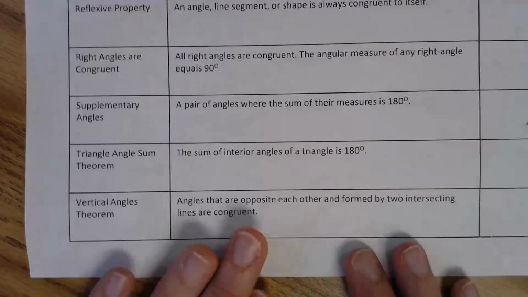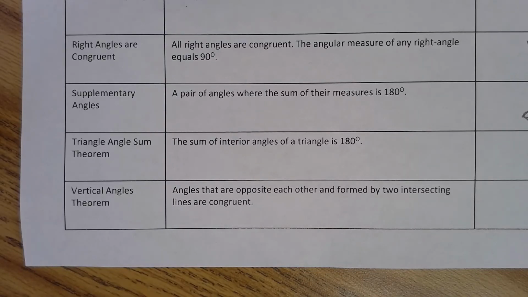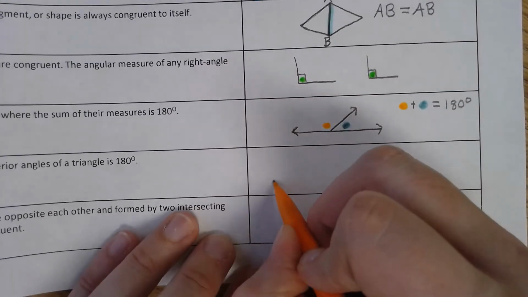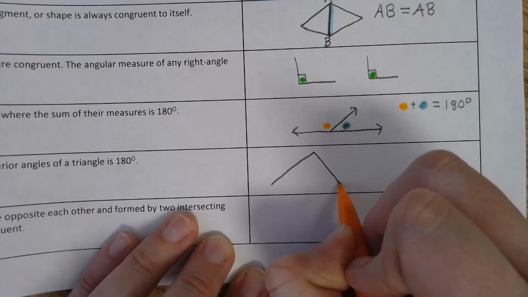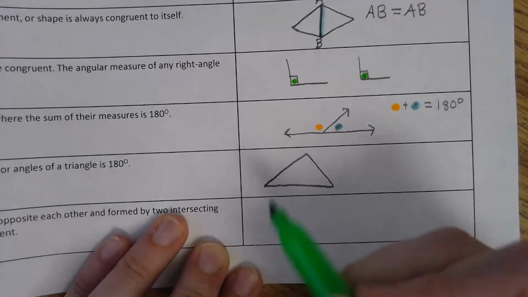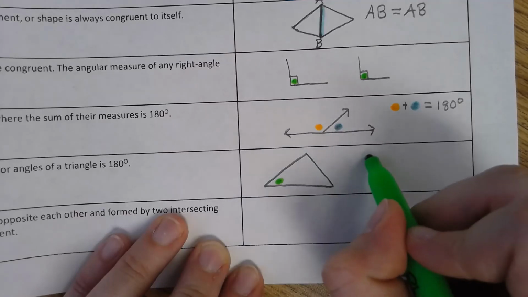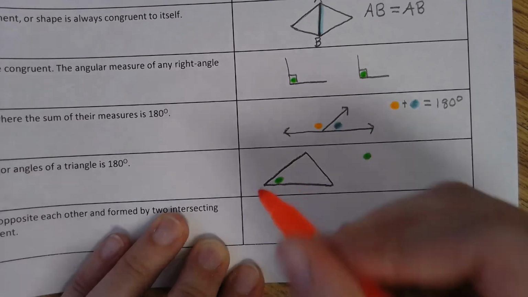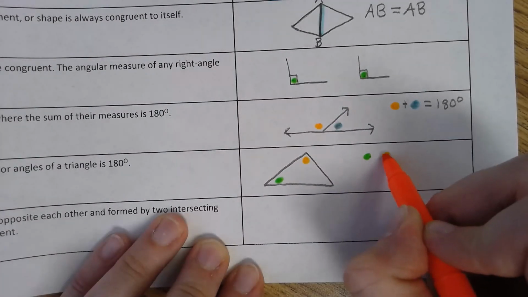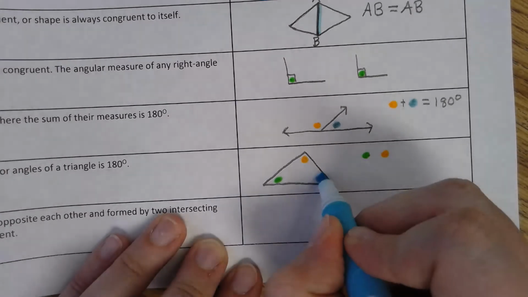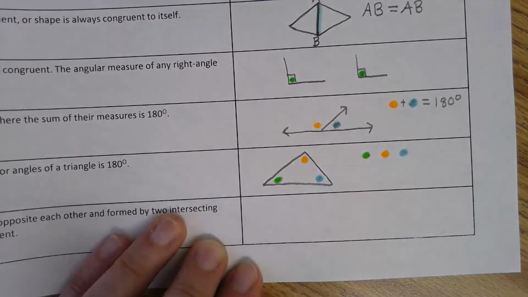The triangle sum theorem. The sum of interior angles of a triangle will always be 180 degrees. So if we have our triangle, those three angles, so here plus here, and finally here, the sum of the angles of a triangle.